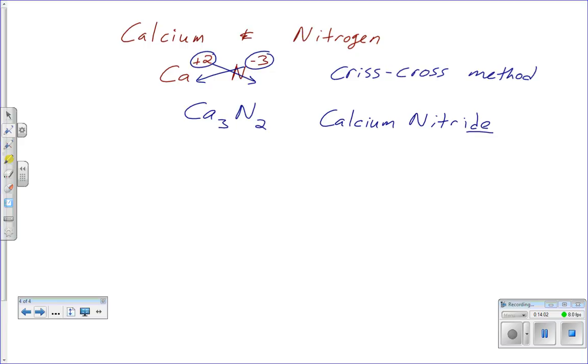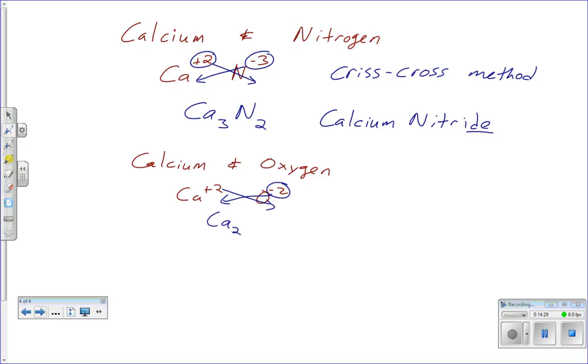One thing to note with the crisscross method, if we did something like calcium and oxygen, calcium's a plus 2, oxygen's a minus 2. This 2 would come down behind the calcium.